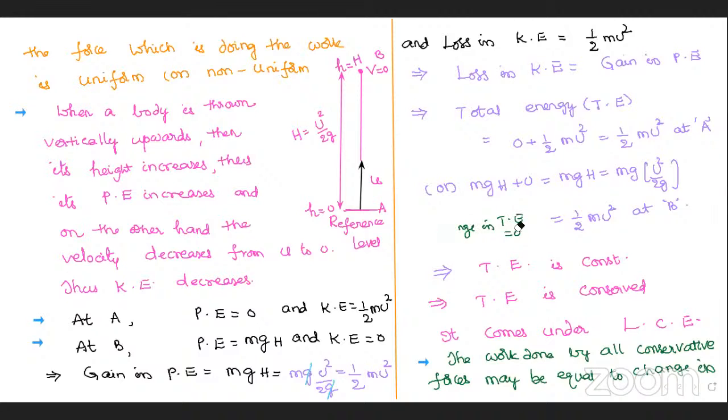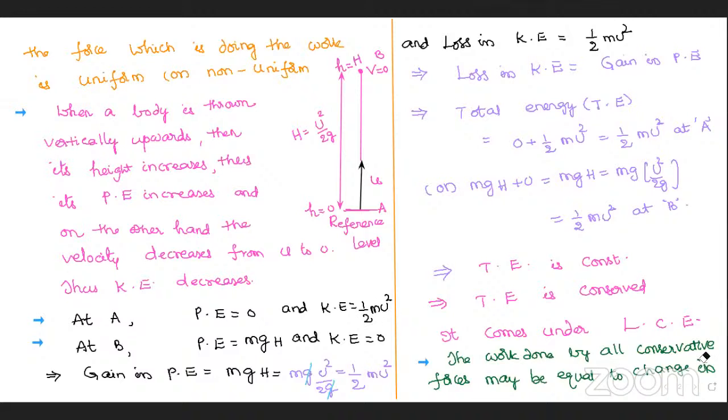That's why I explained this part, Nana. Even though you know it, just to show that total energy is constant in case of conservative forces, gravity type of forces. That's why I explained with a body thrown vertically upwards. Here potential energy is changed by gravity, kinetic energy is also changed by gravity.